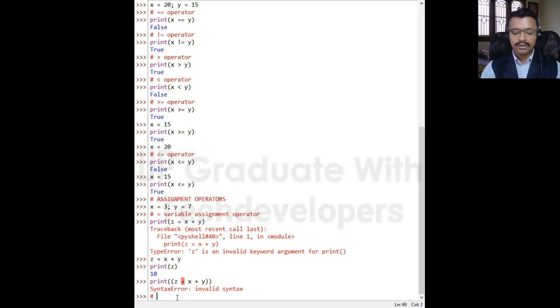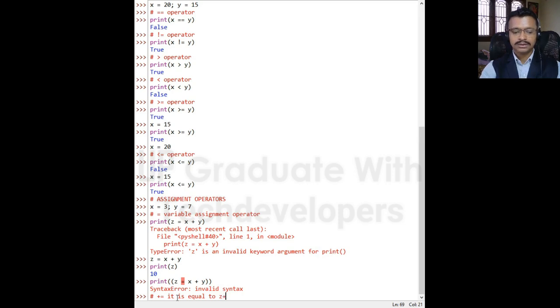Next we have add and, so it is equivalent to, suppose we know the value of z, that is 10.